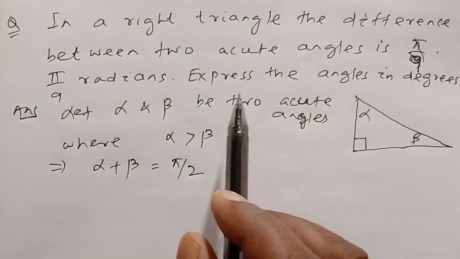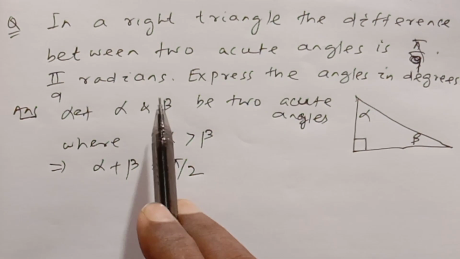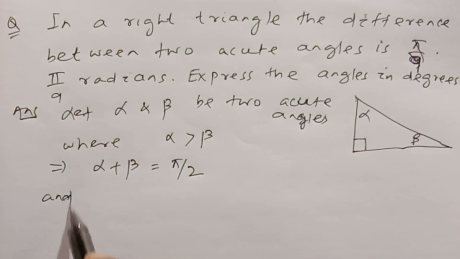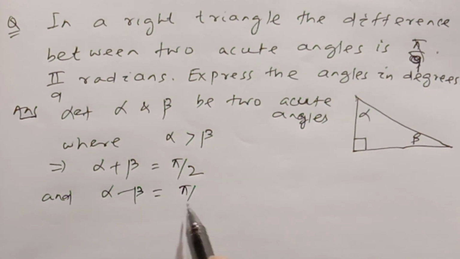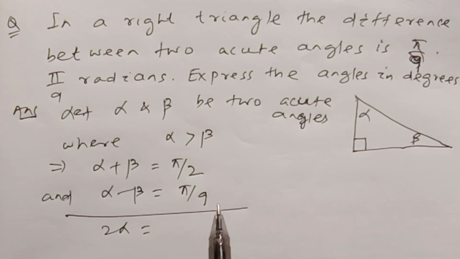But given the difference between these two, difference means one angle minus another angle, so alpha is the greater angle here. According to the question, alpha minus beta is given as pi by 9. From these two we get 2 alpha is equal to, we add pi by 2 plus pi by 9, so we get 2 alpha is equal to 11 pi by 18.